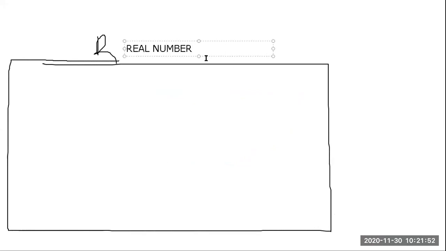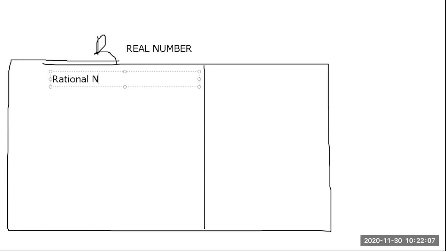All right, and then we're going to break it up into two parts. We're going to say that side is rational numbers, and this side is irrational numbers.